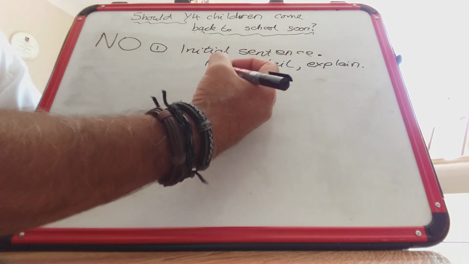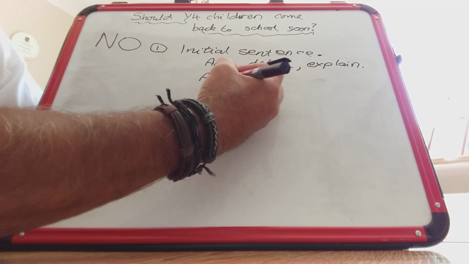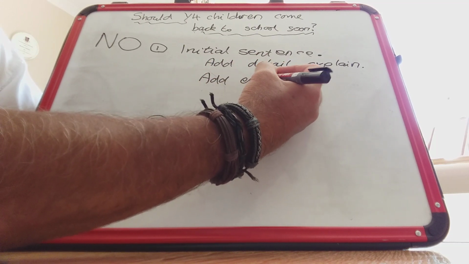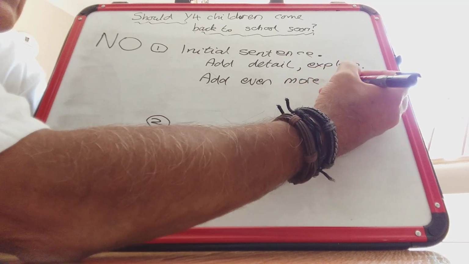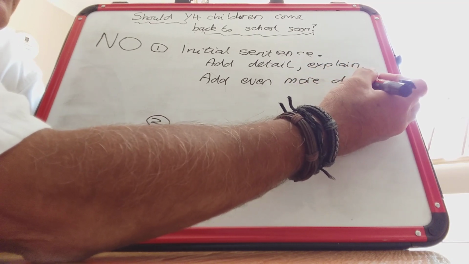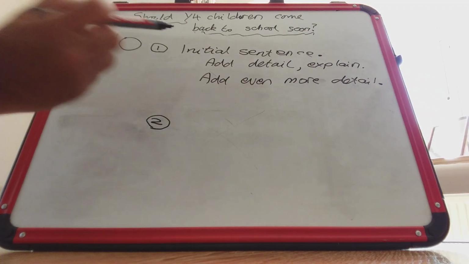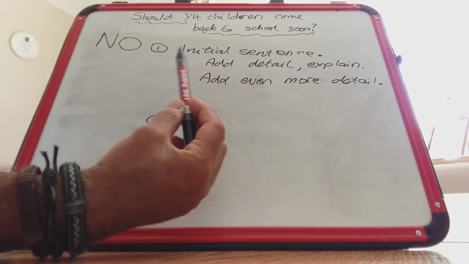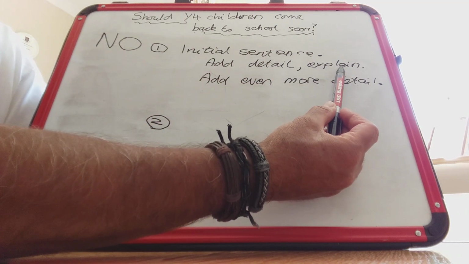And then sometimes, not always, we can add even more detail if it's something that's quite complicated. So if your initial sentence is nice and easy, then one sentence adding more detail to explain what you're talking about is enough.